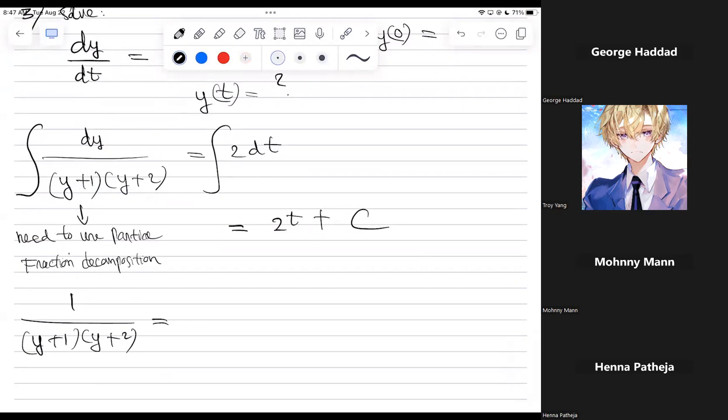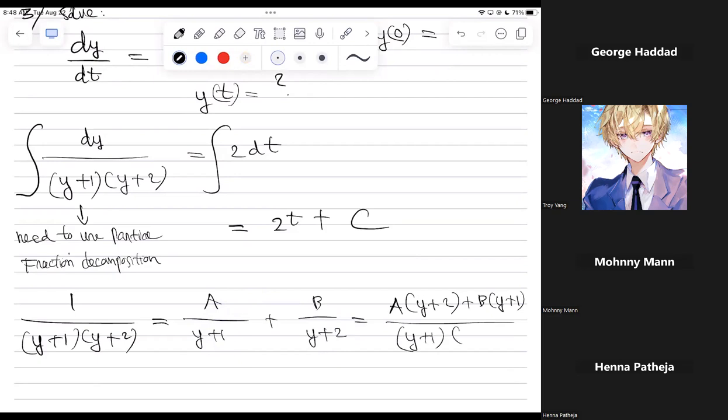Okay, so you can write this in the form A over y plus 1 plus B over y plus 2. Remember, we need to find the coefficients capital A and capital B. How can you find them? You can combine the two fractions, so that becomes A times y plus 2 plus B times y plus 1 over y plus 1 times y plus 2.